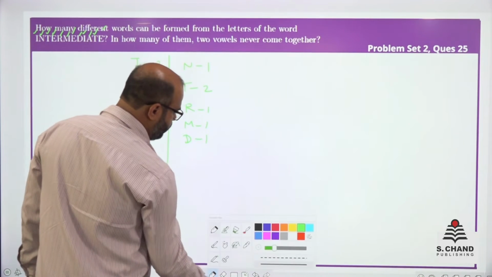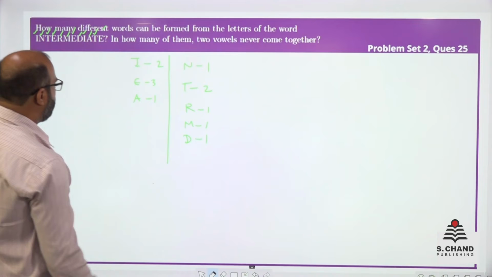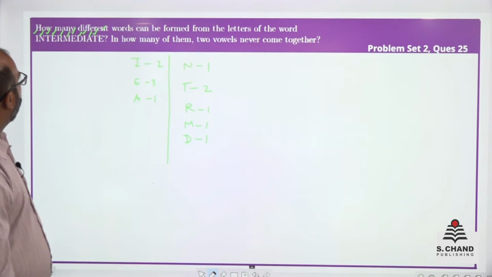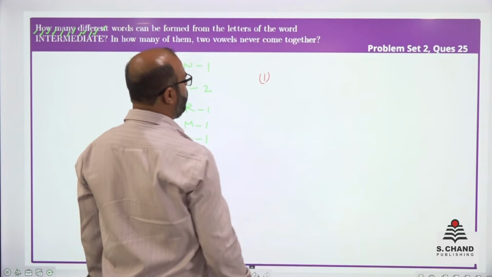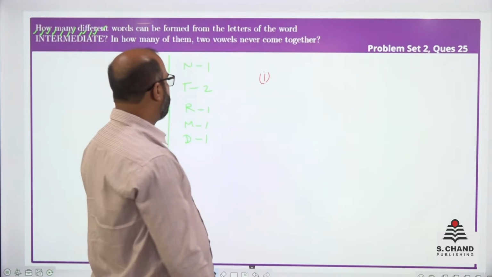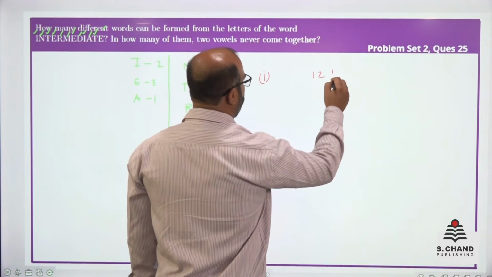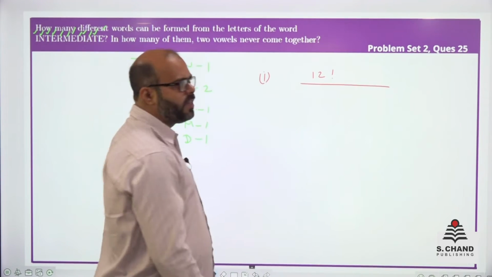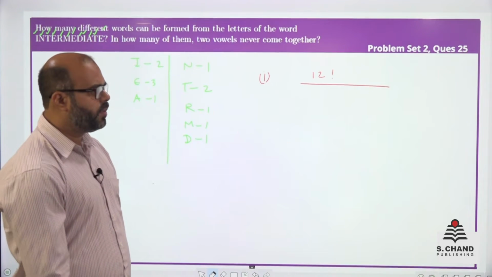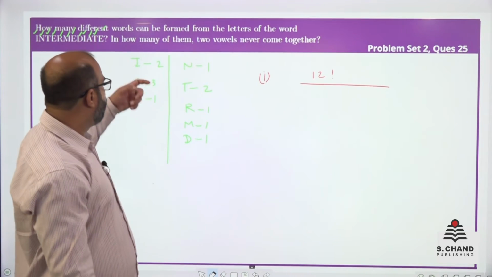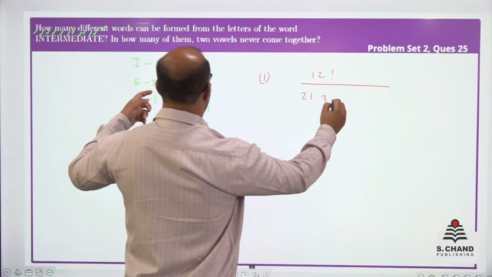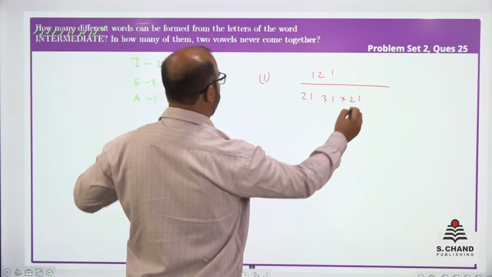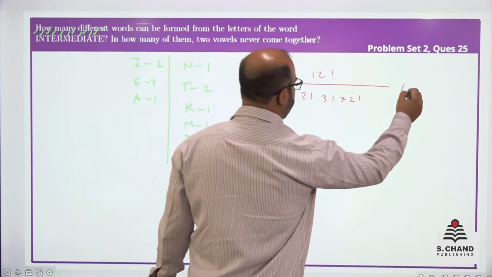So the first part of the question is asking how many words can be formed from the letters of the word INTERMEDIATE. There are 12 letters, 12 factorial ways, and you have to eliminate the repeating sets of letters. So I 2 times, 2 factorial, divided by this, then 3 factorial here, and 2 factorial from here. So this will be your answer.